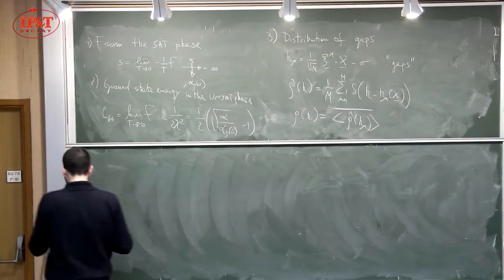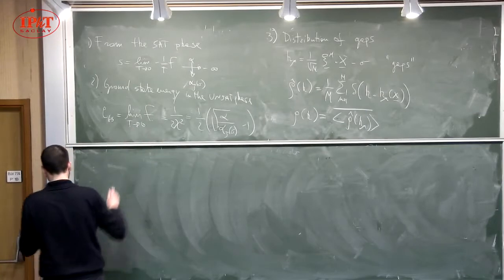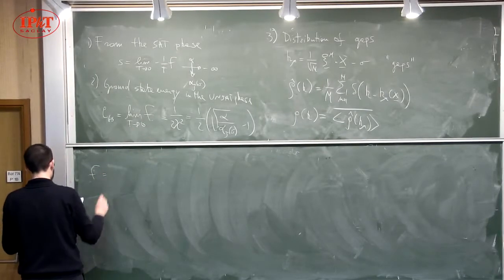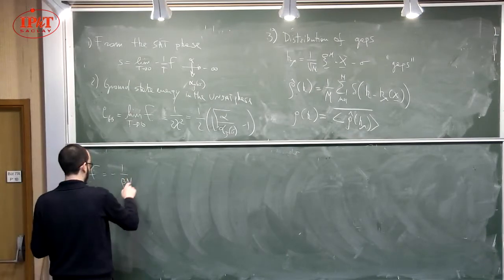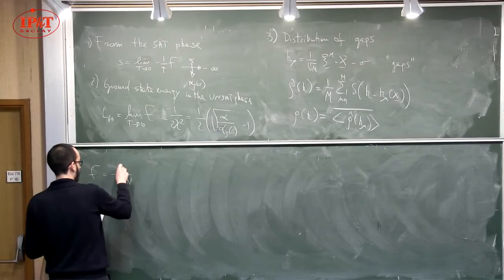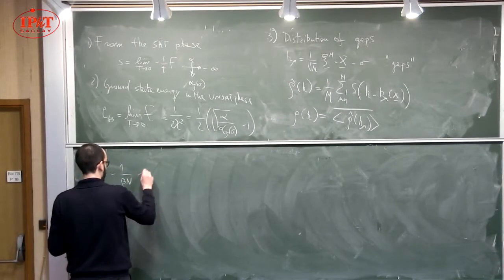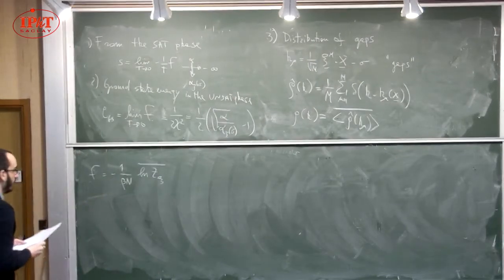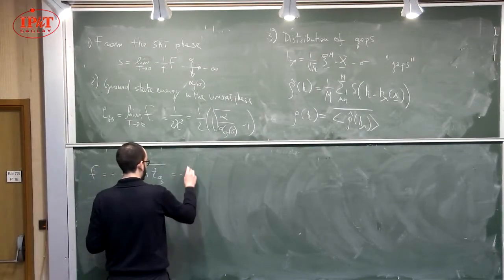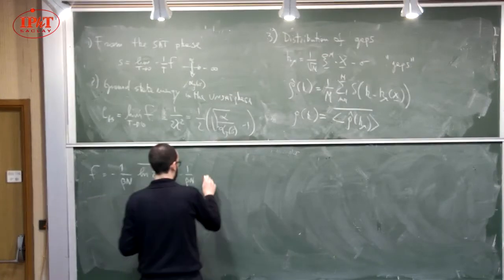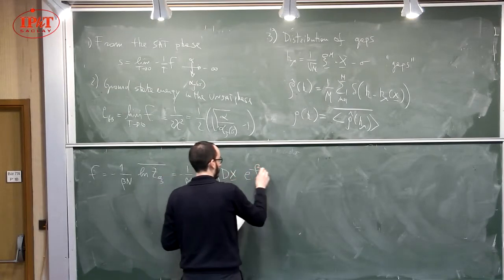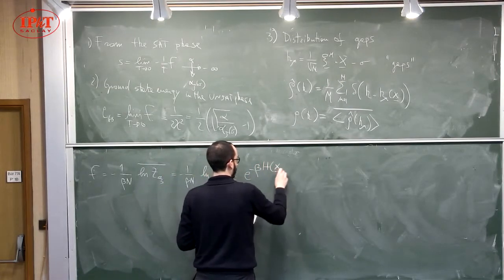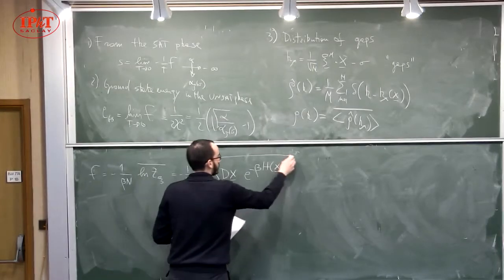Okay, so let me take back the definition of the free energy. F is just minus 1 over beta n. I don't write the limit, the thermodynamic limit, but of course we have to understand that we are doing everything in the thermodynamic limit. Okay, so this is, and that I didn't do anything.